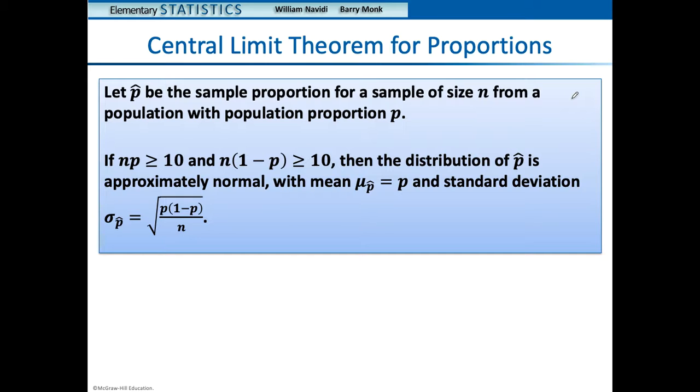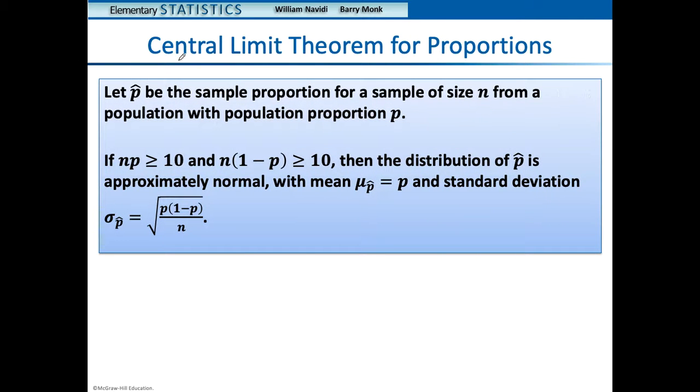If n times p is greater than or equal to 10, and n times 1 minus p is greater than or equal to 10, then we can treat the sample proportion as a random variable, and the distribution of the sample proportion will be approximately normal. The mean will be equal to the population proportion, and the standard deviation will be equal to the square root of p times 1 minus p over n. Okay?